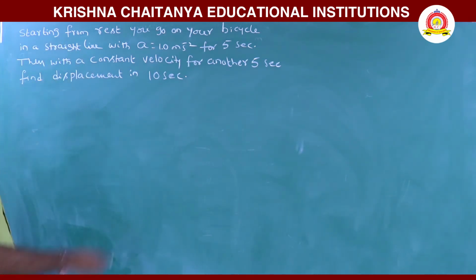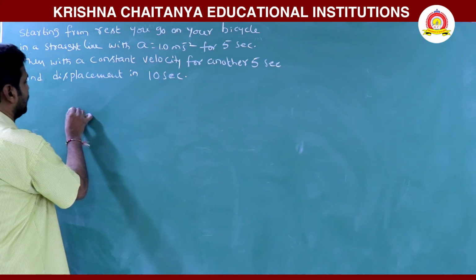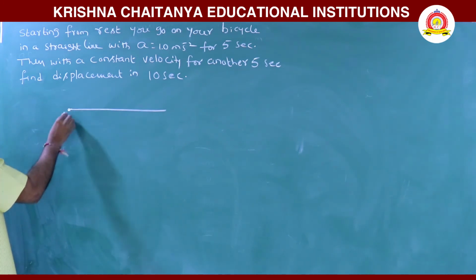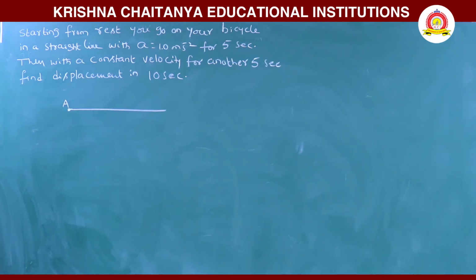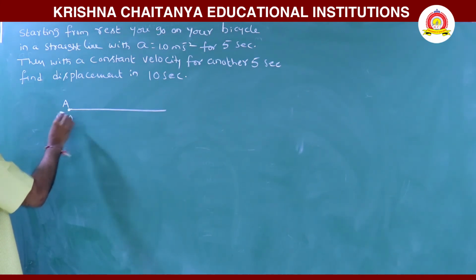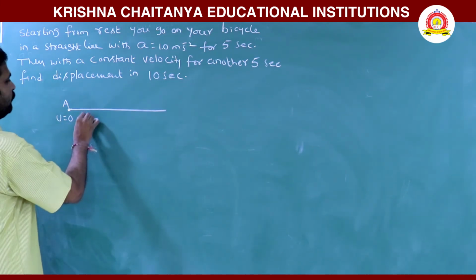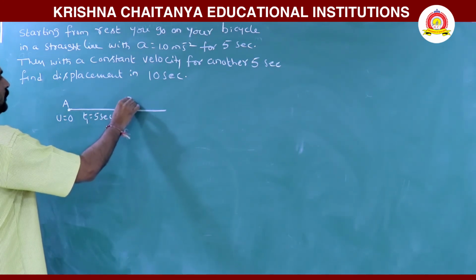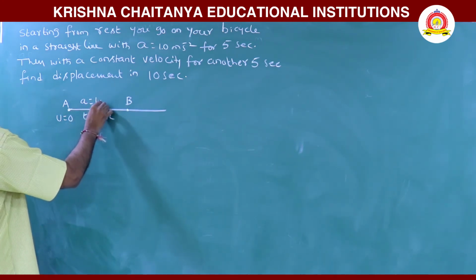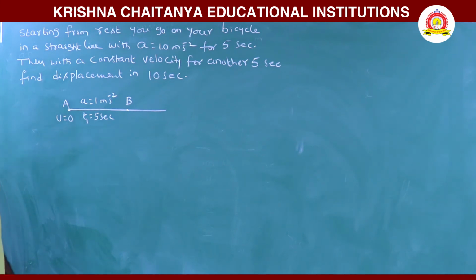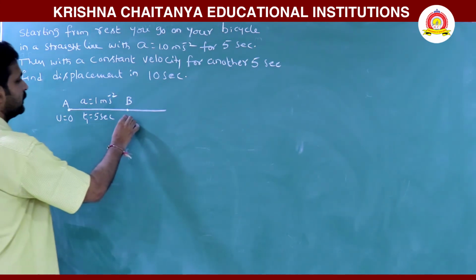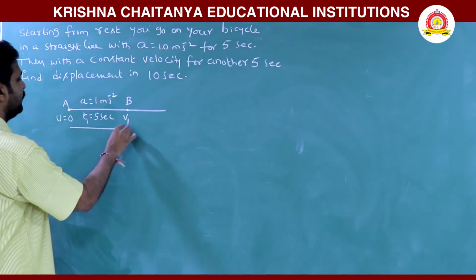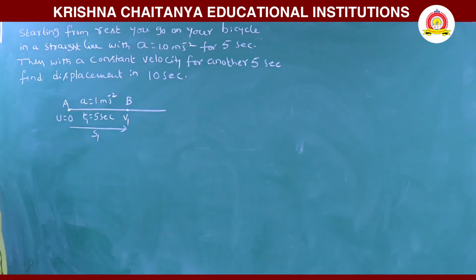Okay. So let the body start at point A, initial velocity 0, for the first 5 seconds you moved with an acceleration of 1 meter per second squared. Now here your velocity may be some v1 and the distance travelled for this portion, let it be s1.